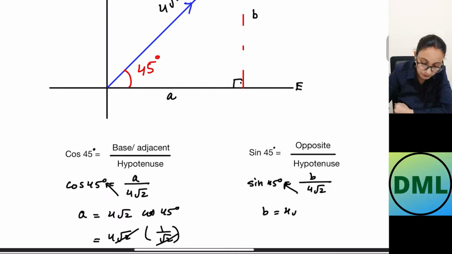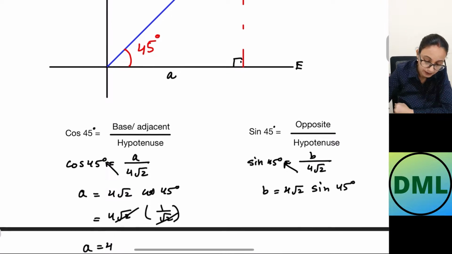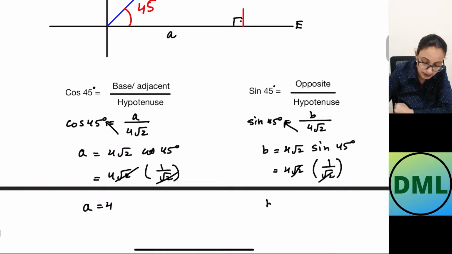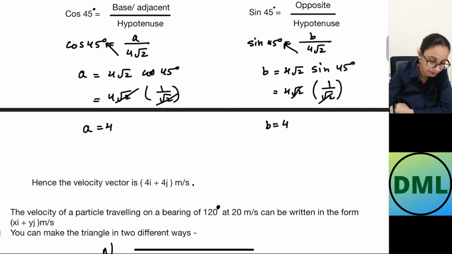So b is equal to 4 root 2 sine 45 degrees. Sine 45 degrees is 1 over root 2, so root 2 cancels with root 2 and your answer for b is equal to 4. Now let's put it back. My velocity vector will be 4i plus 4j meters per second.